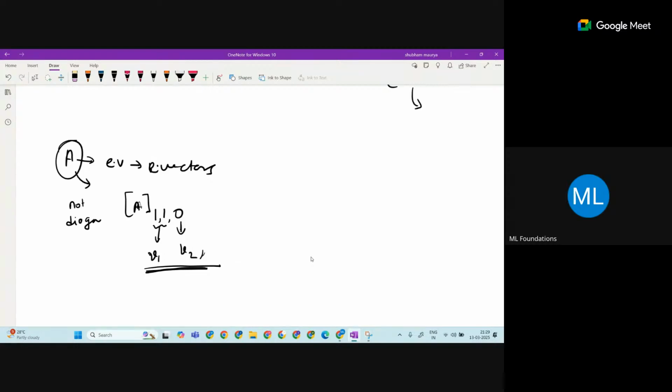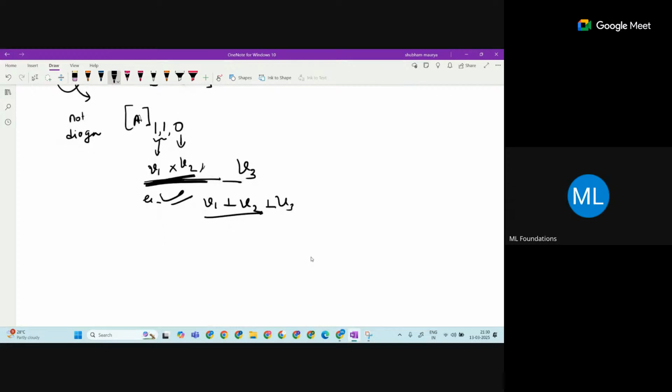So you will choose V3 as a vector which is orthonormal to these two. If these two are not orthogonal, use the Gram-Schmidt process to make them orthonormal. V1, V2 become orthonormal. Choose V3, which is orthonormal to V1 and V2.